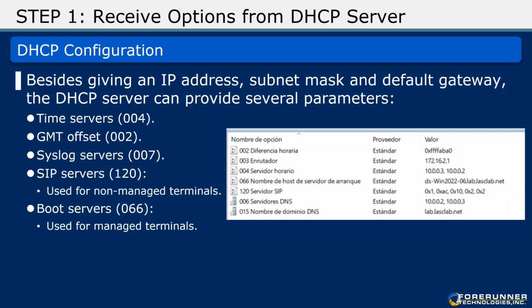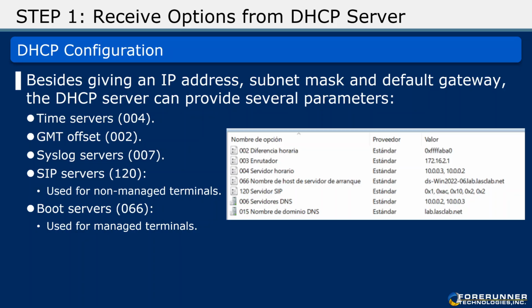Usually terminals use either option 004, which is called time server, or option 042, which is called NTP server. Together with that, we need to specify what time zone the terminal is in.